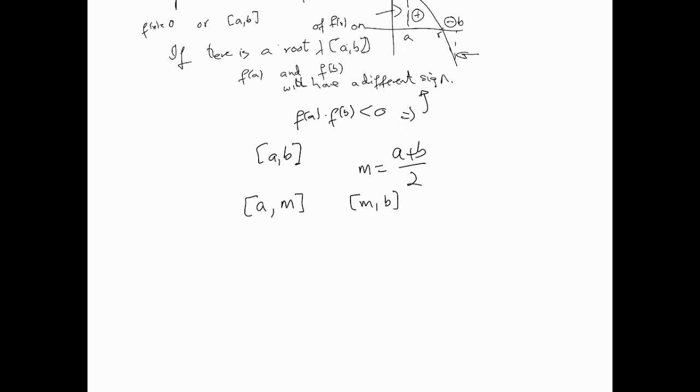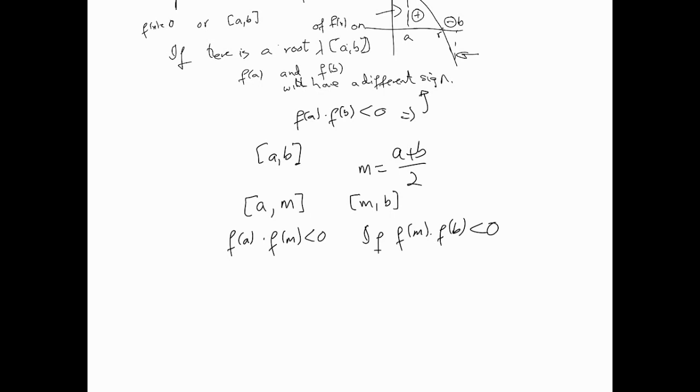Either you'll see FA and FM, and if the product of FA with FM is less than 0, that means the root is here. In the same way, we can test if FM times FB is less than 0, then the root is in the interval MB.